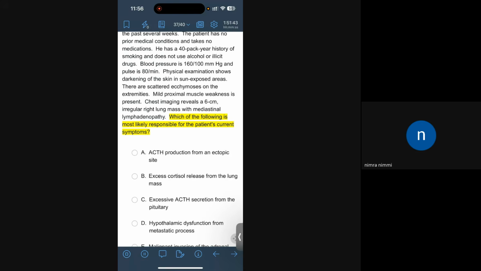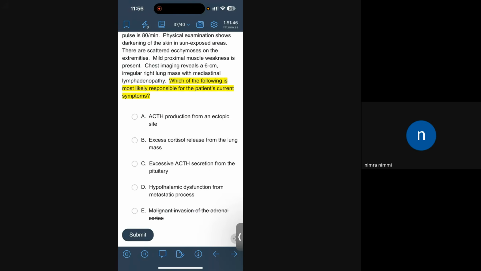So the answer in this question is not going to be C, it is not going to be D, it is going to be A: ACTH production from an ectopic site. What will happen to the cortisol and ACTH on a high dose dexamethasone suppression test? Decrease. What will happen?